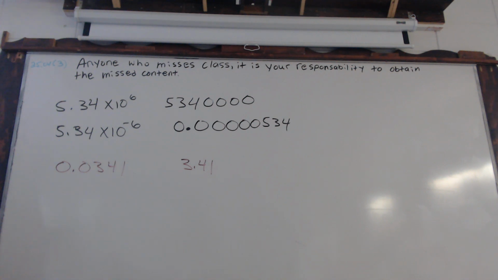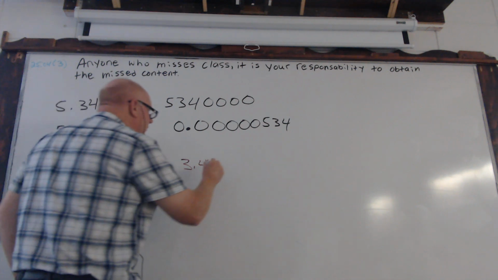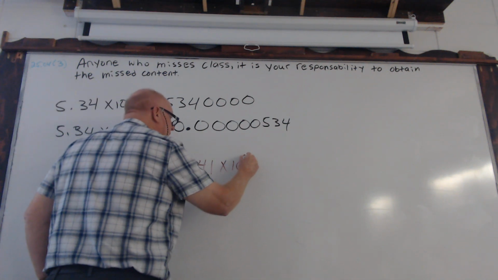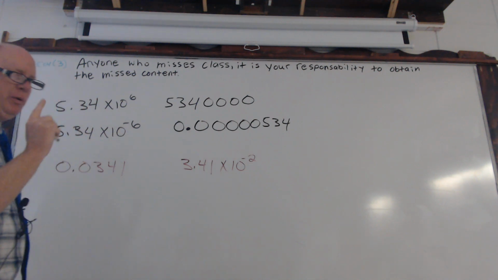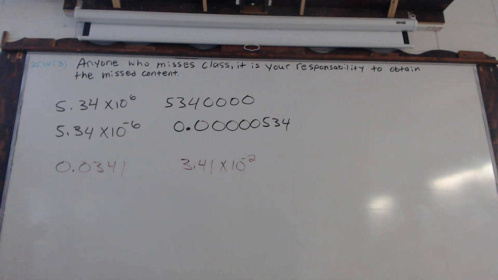If we're starting with a value that's already less than 1, it's going to be a negative value. So how many times did we go to the right? Okay? So don't always associate a positive number always going to the right, or that a negative number only goes to the left.